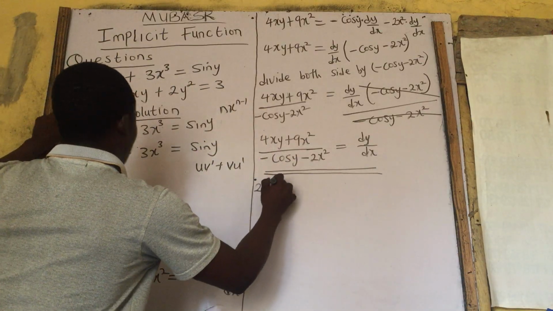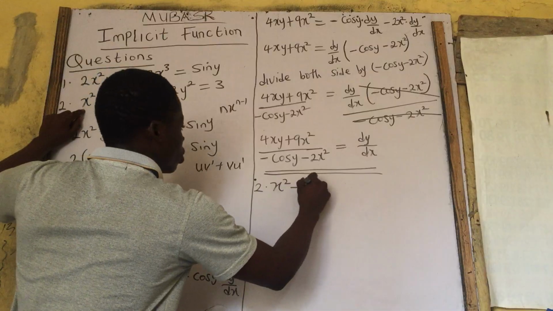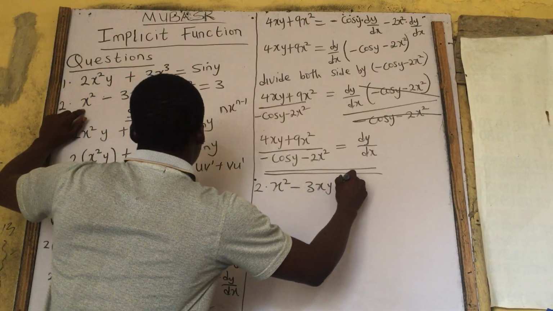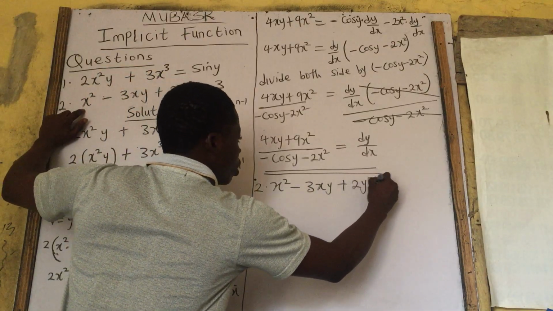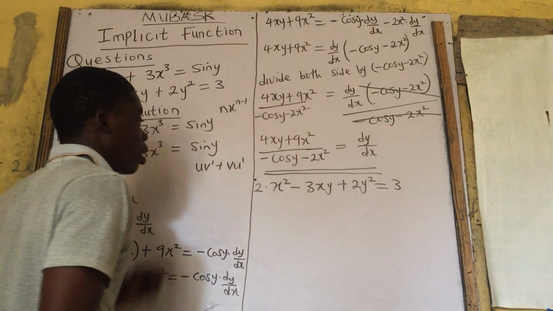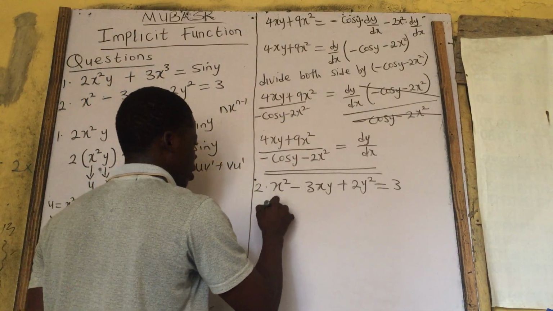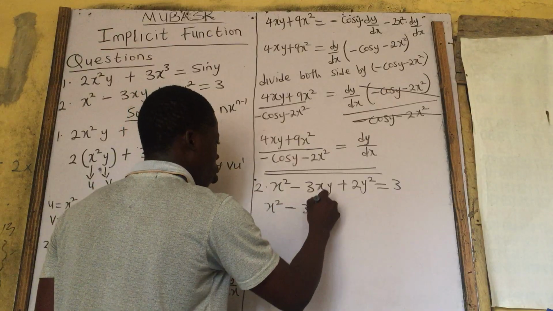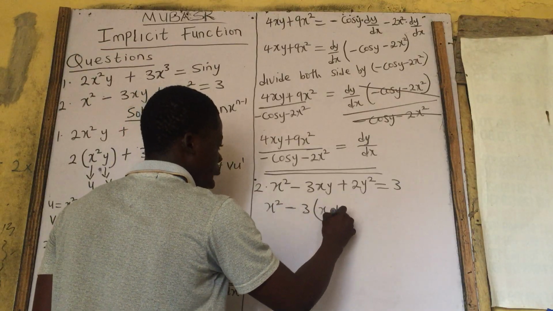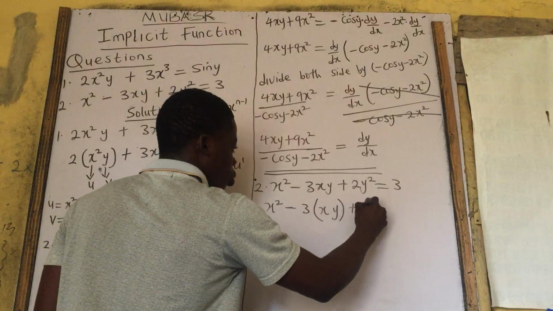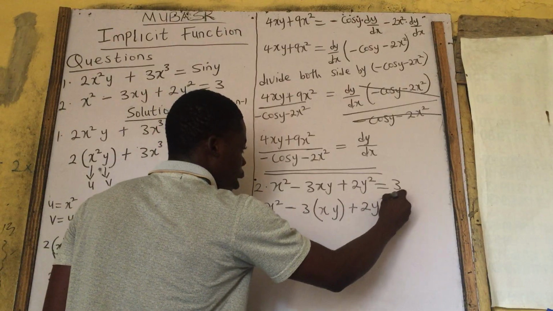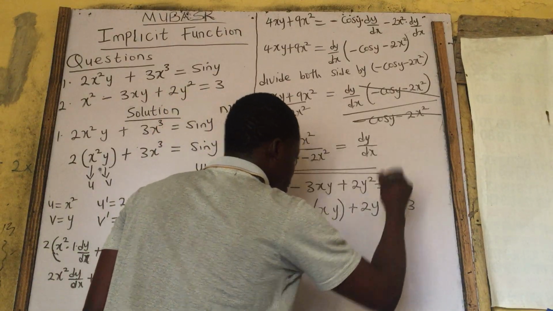Question 2. We have x squared minus 3xy plus 2y squared equal to 3. Now I can write this as x squared minus 3 open bracket xy close bracket plus 2y squared equal to 3.